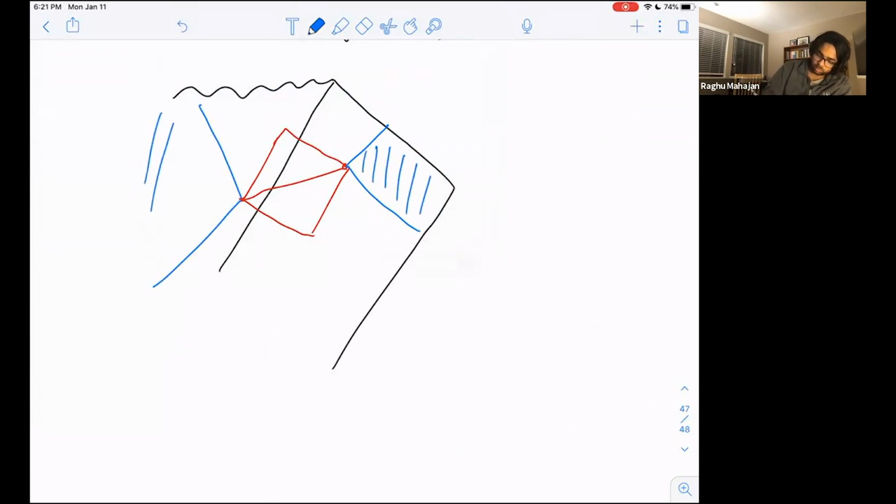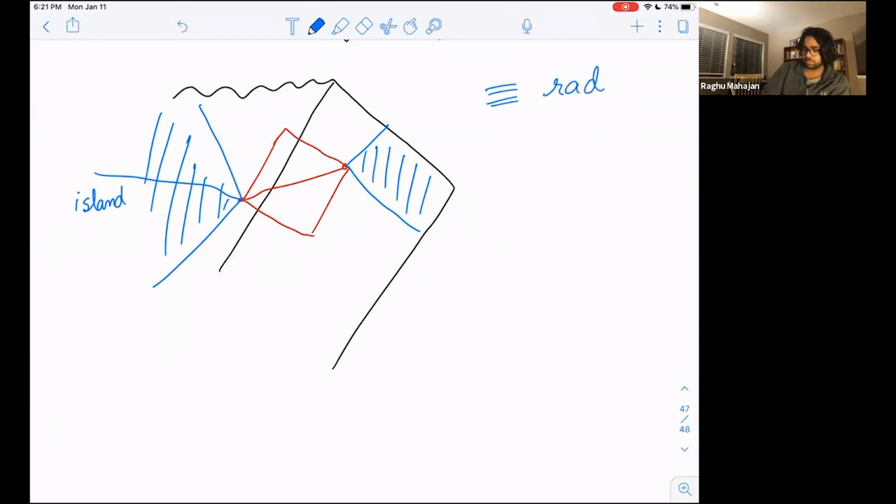So this is the entanglement wedge of the radiation, and this part is what we call the island. Blue is the entanglement wedge of the radiation. It equals the causal wedge plus the island.